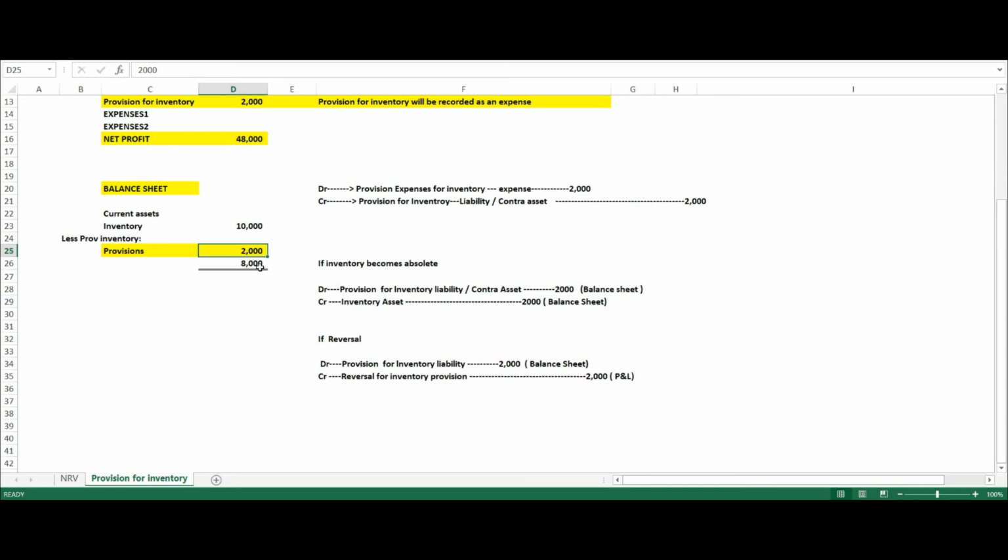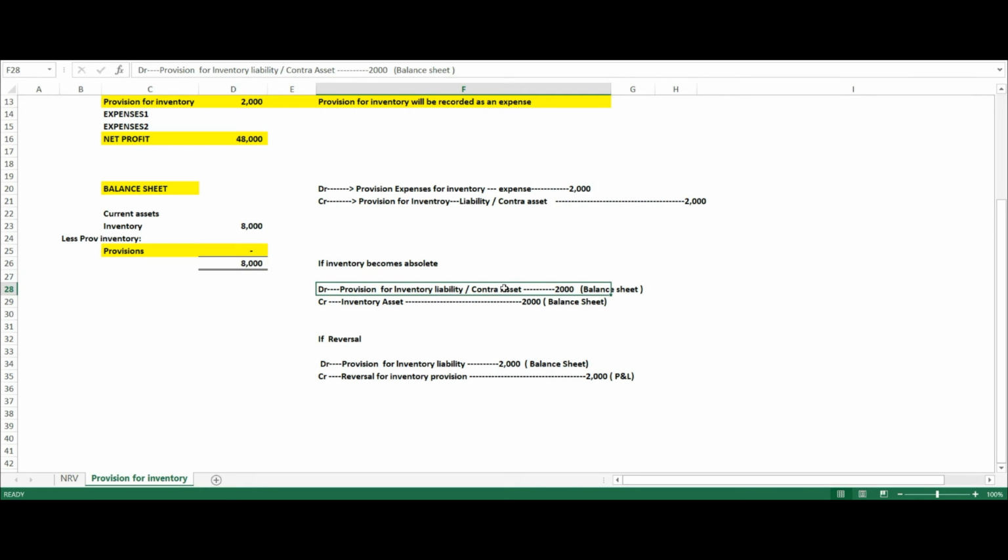Now if the inventory in actual sense becomes obsolete and it has been written down, at that time you will not record the expense, but you will just reduce your asset by 2,000, and there will be nothing more. So your asset will become 8,000 at that time.